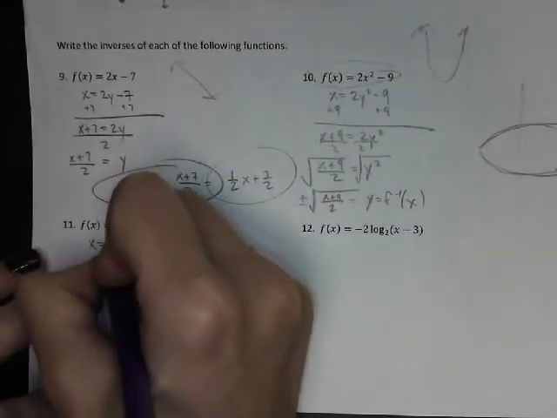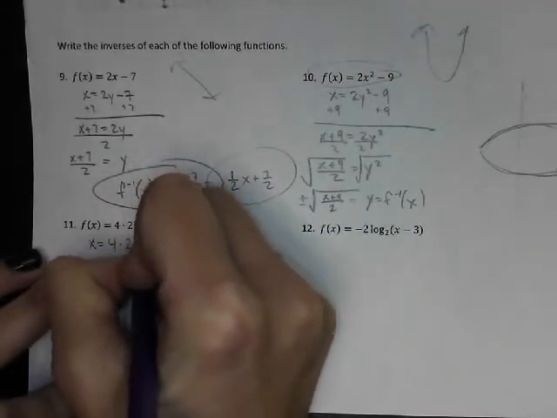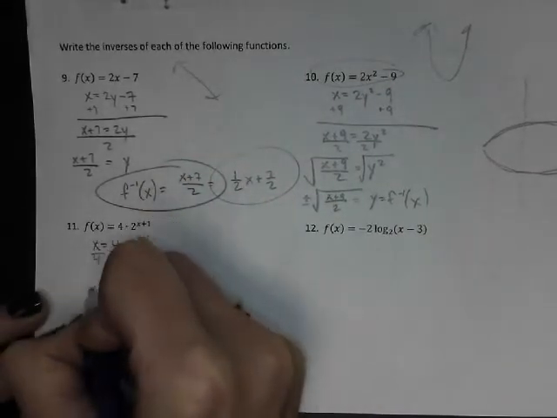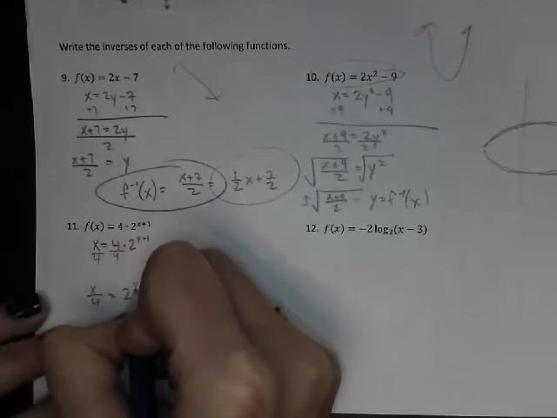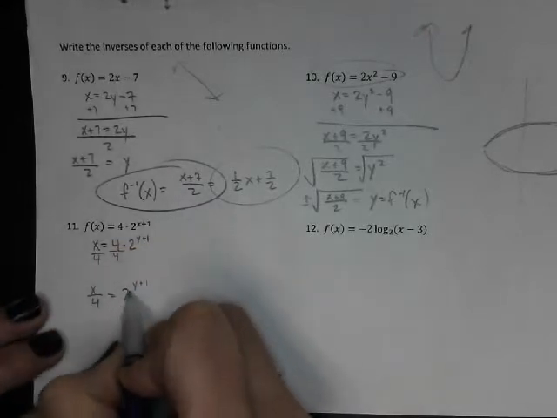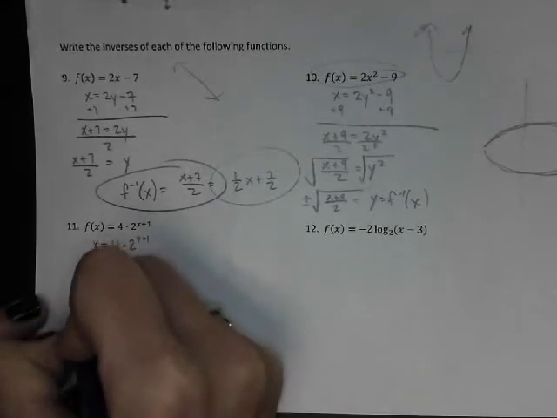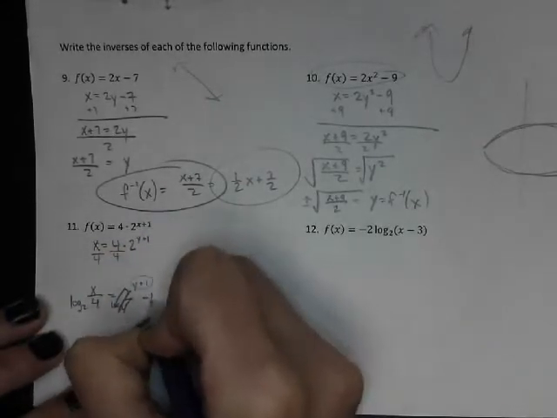Exponential, switching the x's and the y's, no problem. Solving for y, divide by 4, because this is an exponential. Log base 2 on both sides, because we got to get that out from being trapped. Log base 2, that'll cancel that, and then subtract 1.